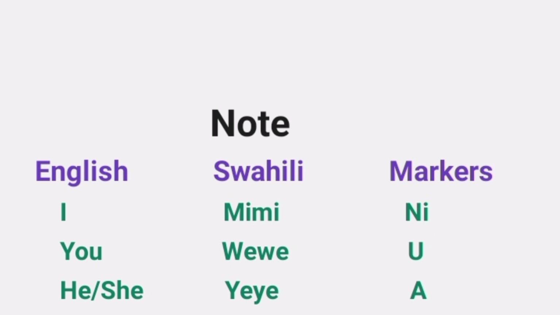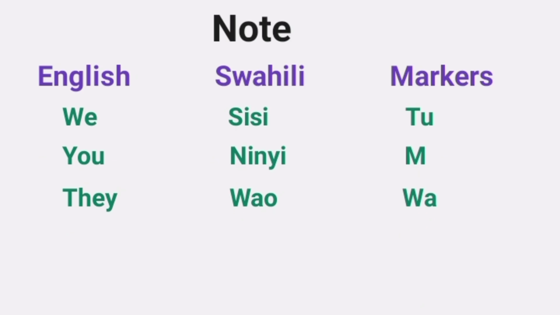The second one is u. Here is u. So the u is linked to wewe, which means you in English. We have a, which is linked to yeye. We have tu.